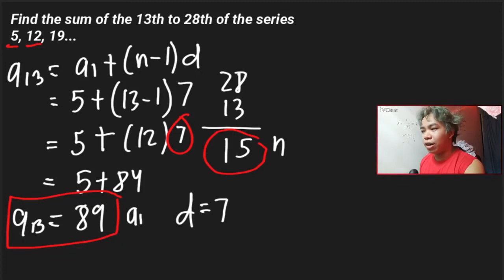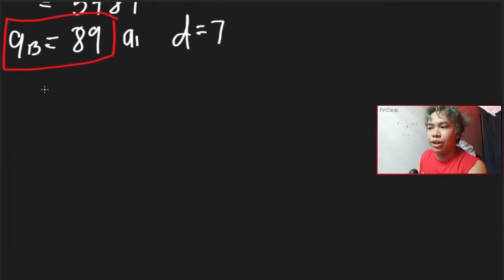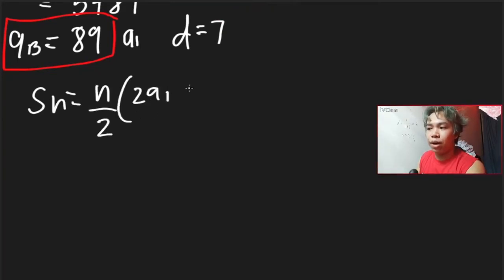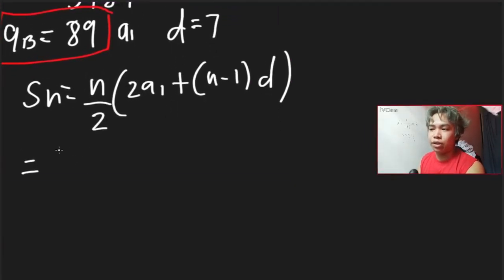Ayan, dahil meron na tayo, balik natin yung formula, which is S sub n is equal to n over 2, quantity 2 a sub 1 plus quantity n minus 1 times d. So n over 2, ang n natin is 15, so 15 over 2.